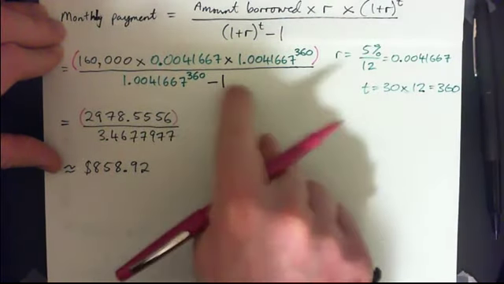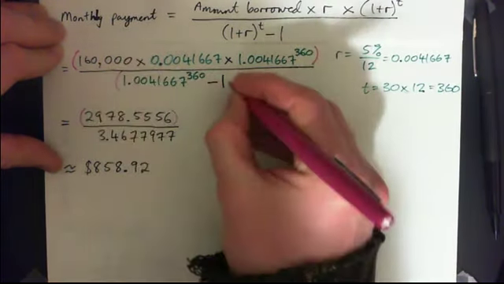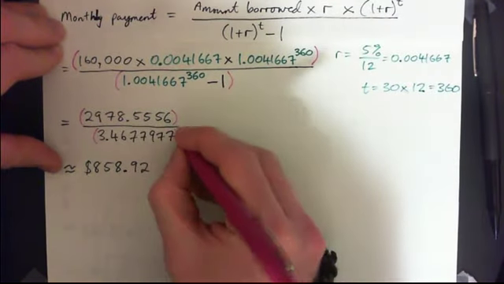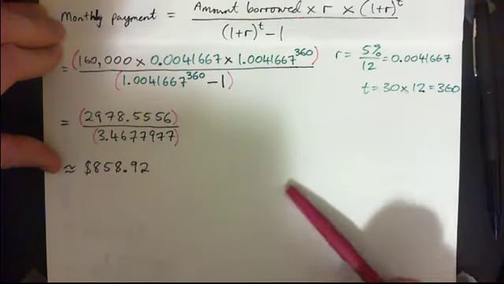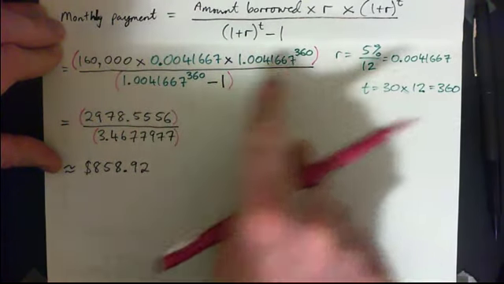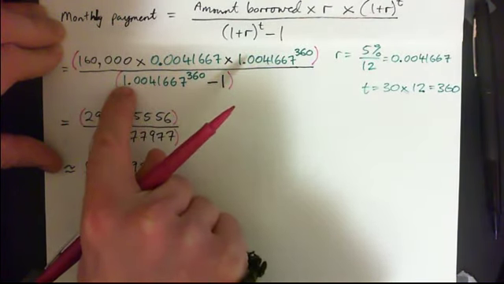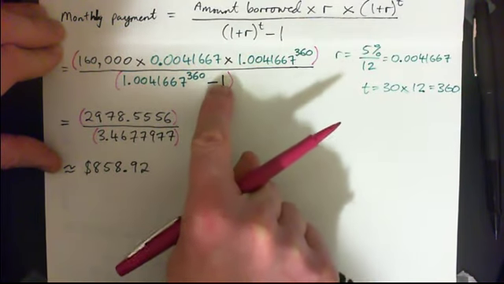And then we want to calculate all of the bottom, to get this number. And at the very end, we want to divide, okay? See, if you just typed all this in and put a divide sign here, the calculator would then subtract 1 at the very end, wouldn't it?